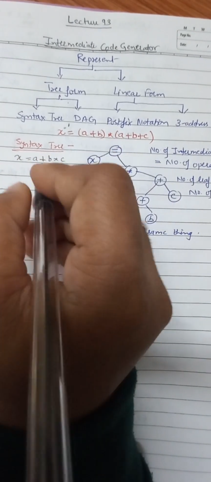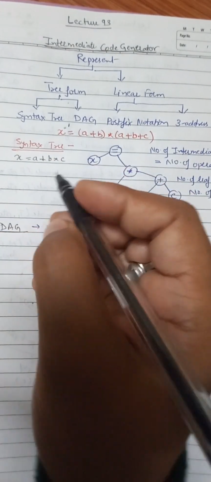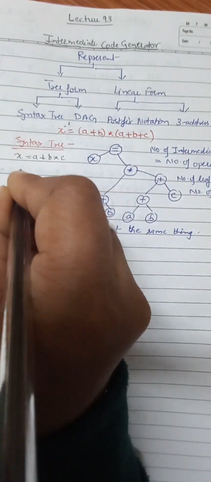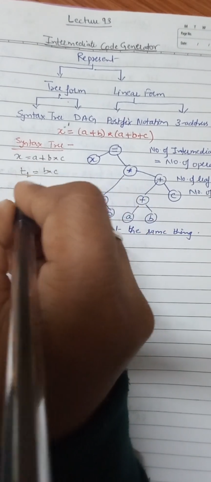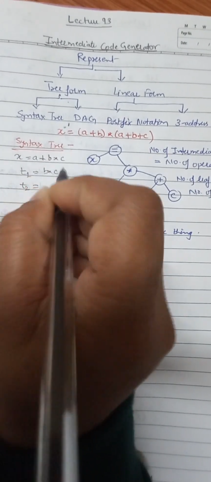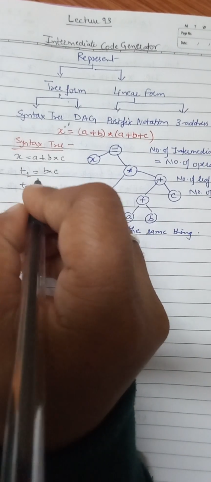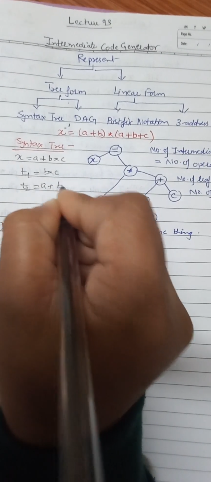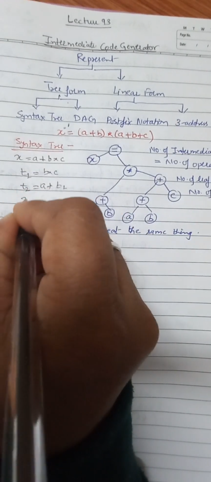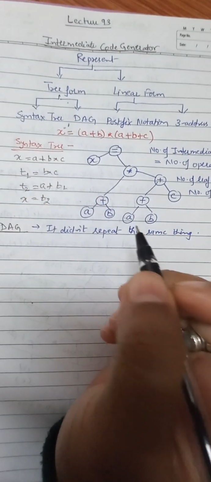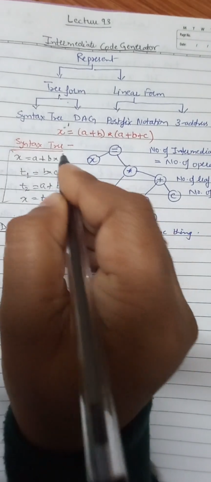Suppose if we take it like this, so another example I am taking. First I'll take b into c, so t1 is b into c, then t2. In t2 what we are doing? a plus b into c, so a plus t1. Then x is equal to t2, like this.